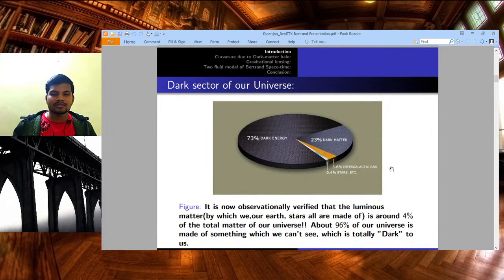We don't understand what it is, and it does not interact with light. It gives you the effect of gravity, bending space-time, expanding space-time. Whatever it is doing with space-time or gravity, we don't know how it is actually interacting with other substances in our universe.